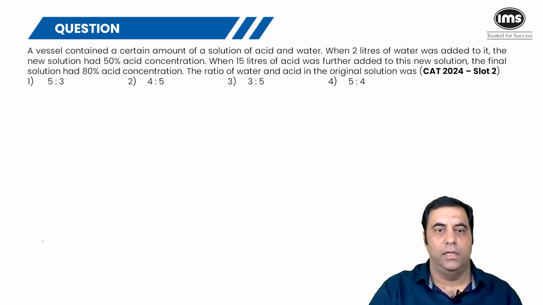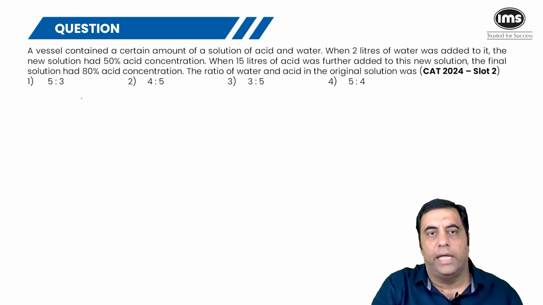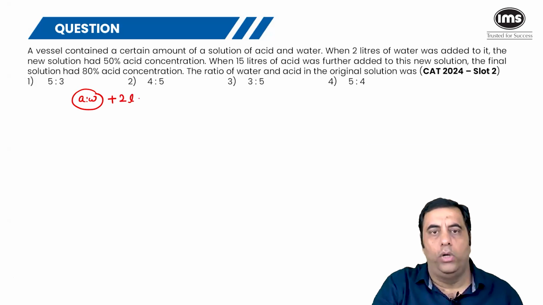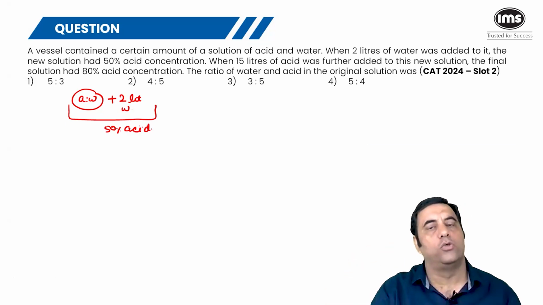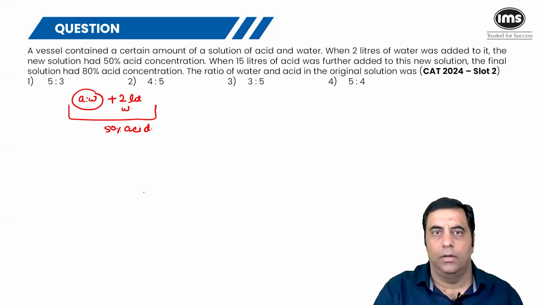So basically, it says there is some acid to water. We added 2 liters into this, which is water, and now finally this becomes 50% acid, or I would say acid to water is going to be 1:1, right?